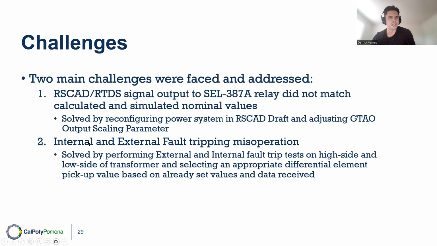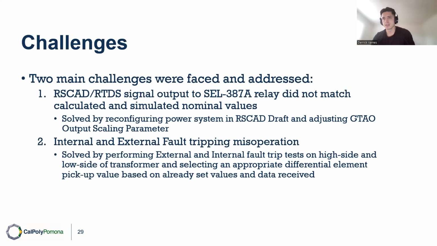The second major challenge that we faced was internal external faults or tripping. They were both tripping. We only wanted internal faults, but external faults were also doing it. So we were experiencing a little bit of a misoperation. We solved this by performing those external and internal faults on the high side and low side of the transformer.